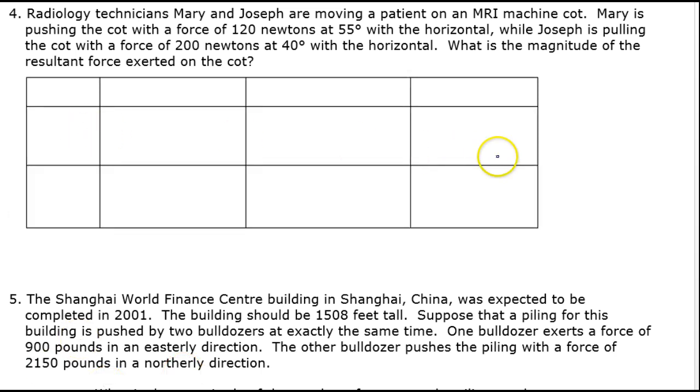So draw yourself a chart like this one. In this column, we'll just call it Mary, because this is where we will record the forces and vectors that Mary creates. And we will call this column Joseph, for his vectors. And in the final column, we will have the resultant.